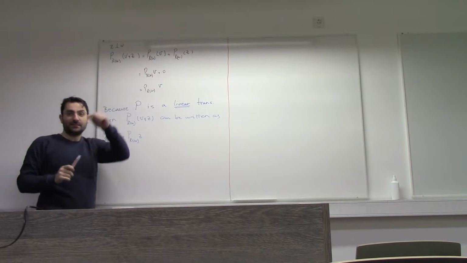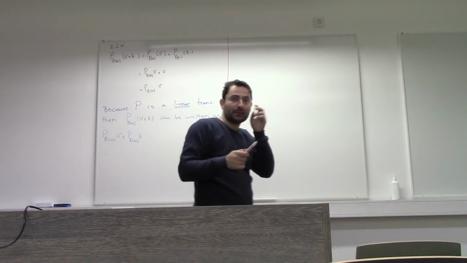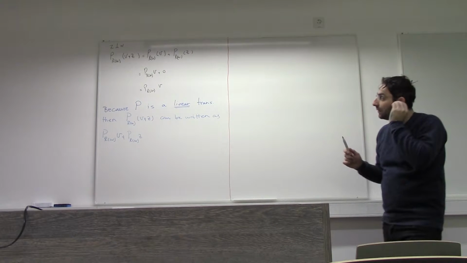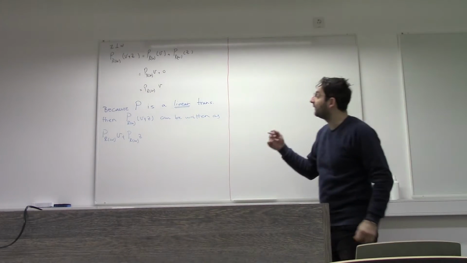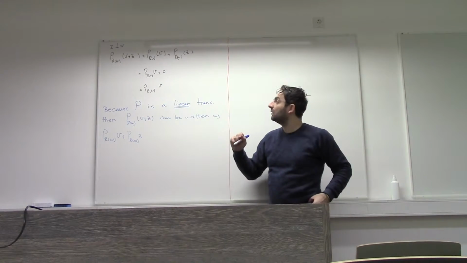This first line is simply because it's a linear transformation, and so many times we do not emphasize that one, and by default we use it, but this is a very key word.